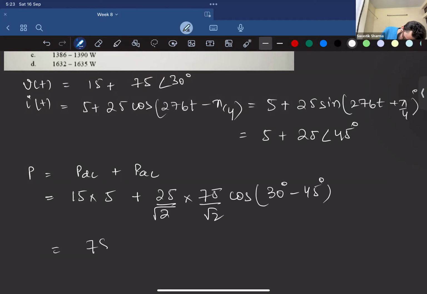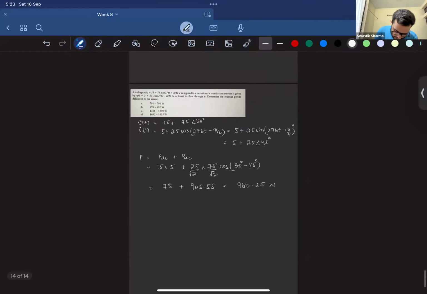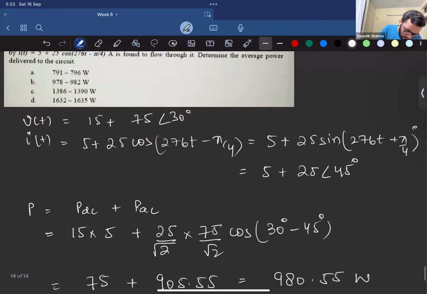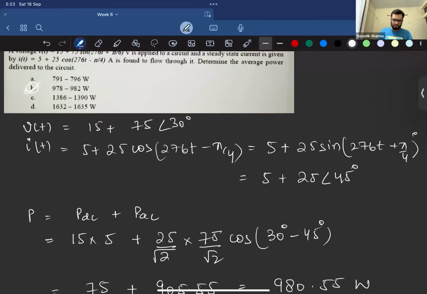So this will come out to be 75 plus 905.55, which is nothing but 980.55 watts. So that's how we solve it, and option B is the correct answer.